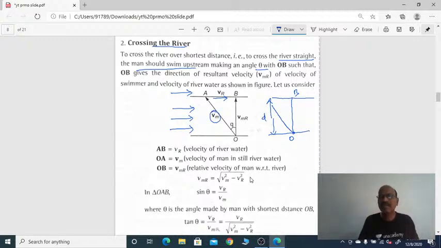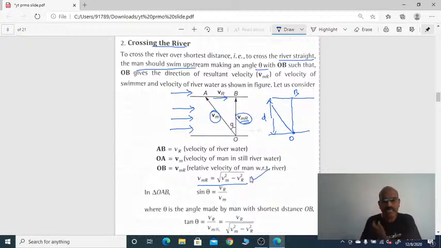OB is the velocity of man with respect to river. Now for this right angle triangle, apply the Pythagoras theorem. We know that the velocity of man with respect to river is root of Vm square minus Vr square.